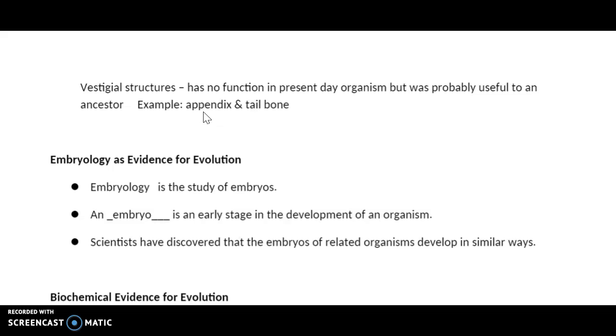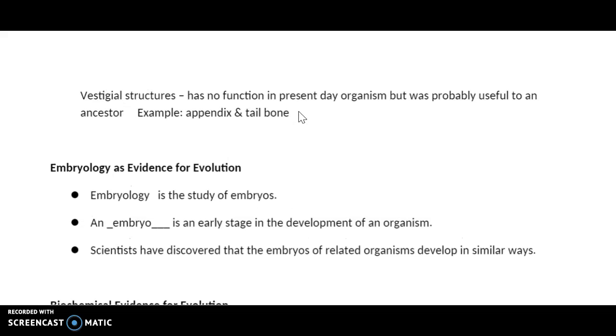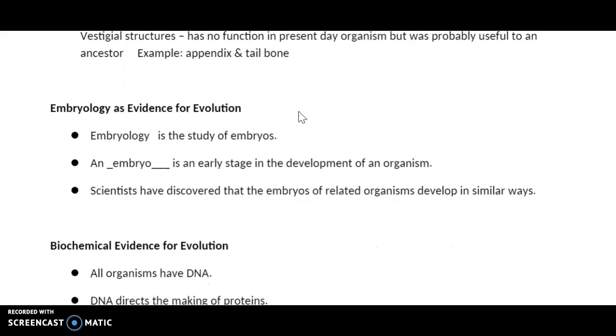We have bacteria, and it's important that we have the right kind of bacteria growing in our gut. It helps our immune system. It helps us with nutrition. So now we're learning more about the appendix. Maybe it's not vestigial at all. Maybe it does still serve an important function. And then the tailbone, which is like an extension of our spine. I'm sure it serves a purpose for balance and sitting as well. But those have been referred to as vestigial structures.